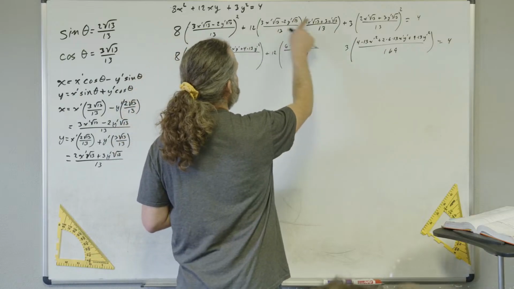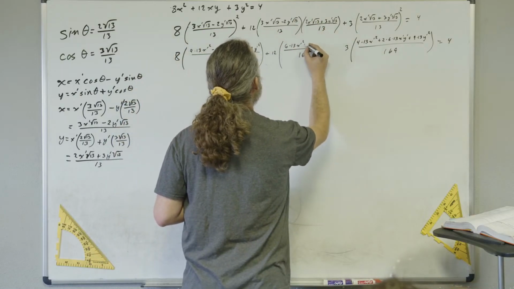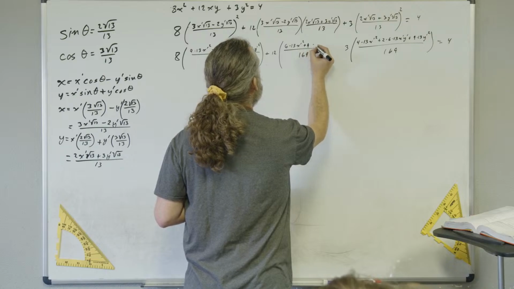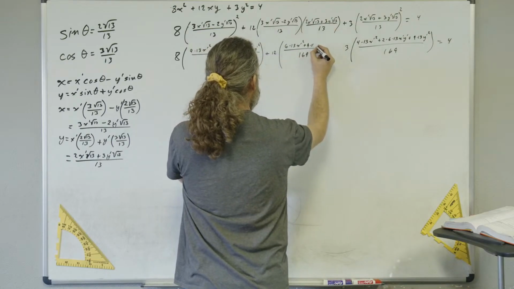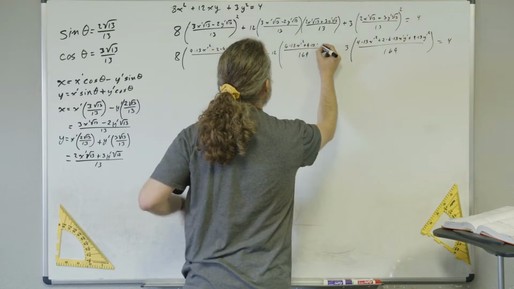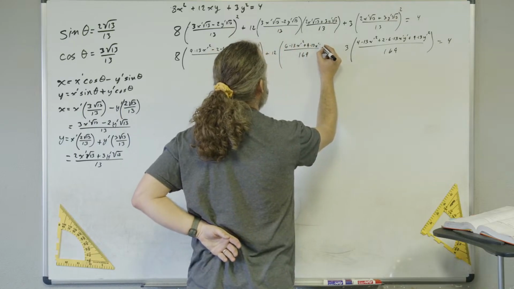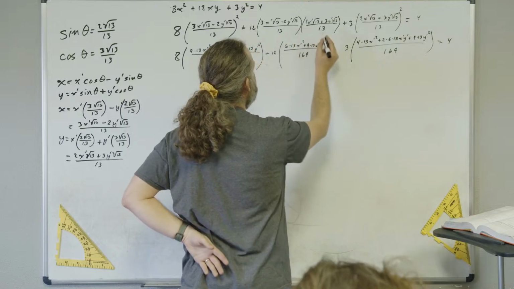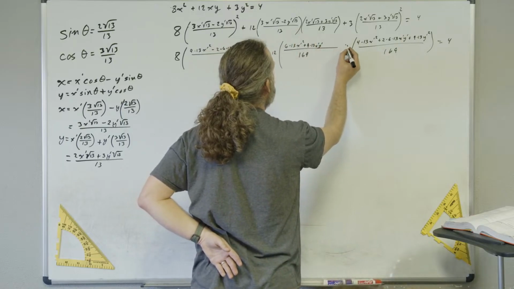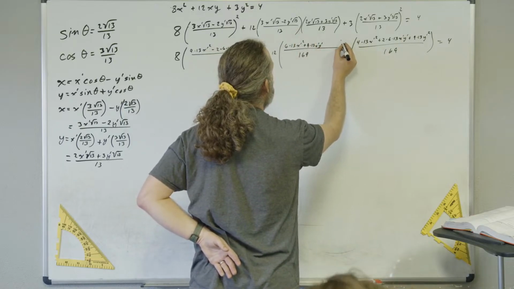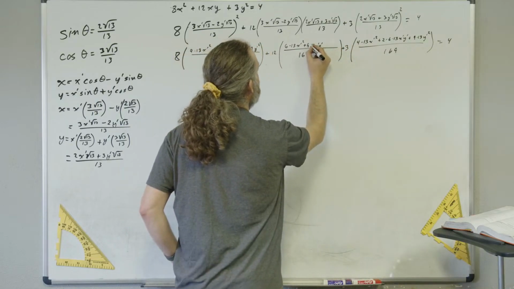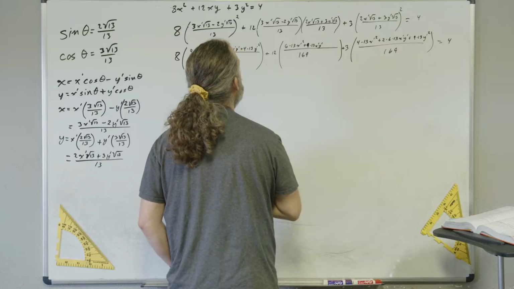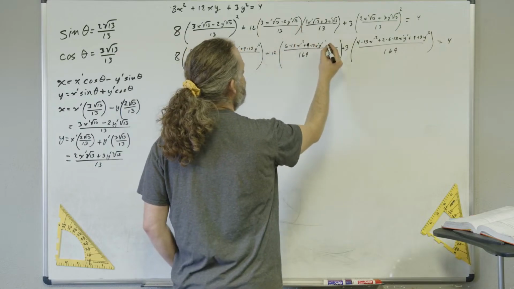So, like I said, 3 times 3 is 9. Square root of 13 times square root of 13 is 13. X prime Y prime. Inside. This is a 9. It's ugly, but it's a 9. Inside, negative 2 times negative 2 is negative 4.